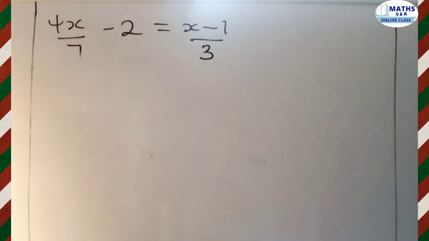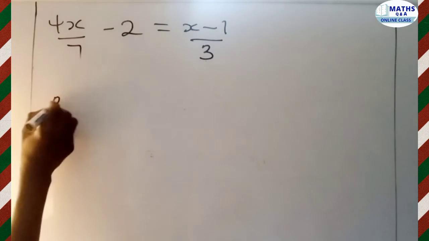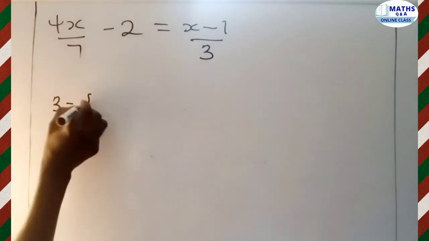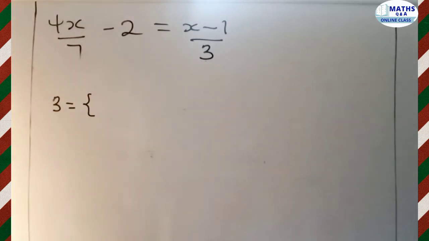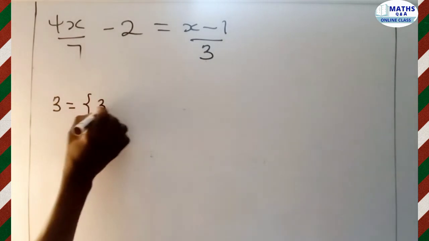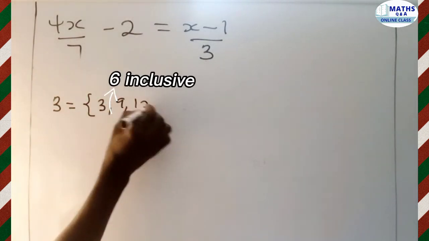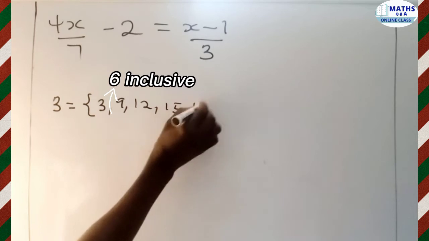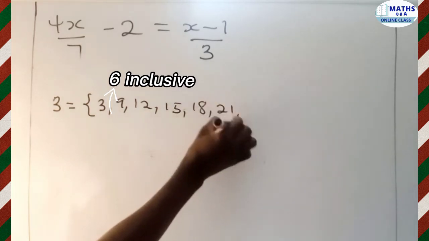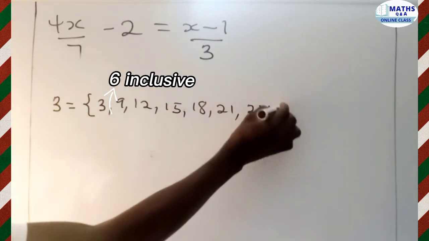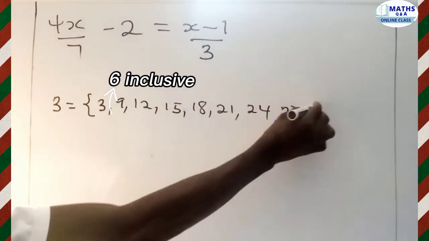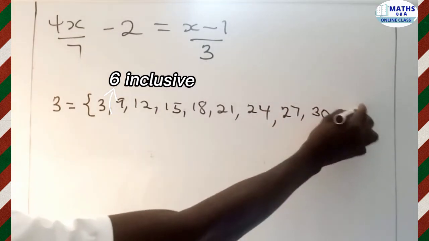Now, by LCM, we mean the least or the lowest common multiple of the given numbers, right? Let's take 3. When we take 3, we have to find the multiples of 3. So we have 3, 6, 9, 12, 15, 18, 21, 24, 27, 30, and the rest, right?